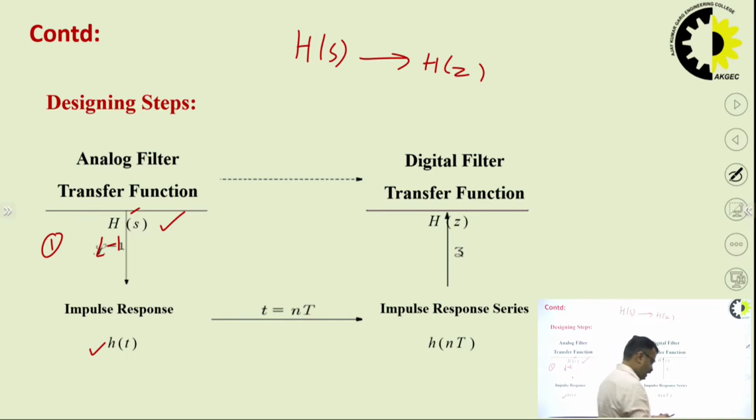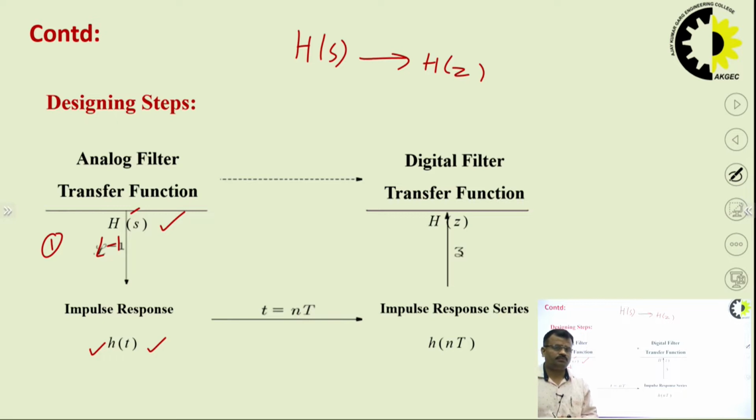H of S is given to you, and you have to map this H of S into H of Z. So, at first you have to take its inverse Laplace transform, then you will get h of t. This is our impulse response in the analog domain.